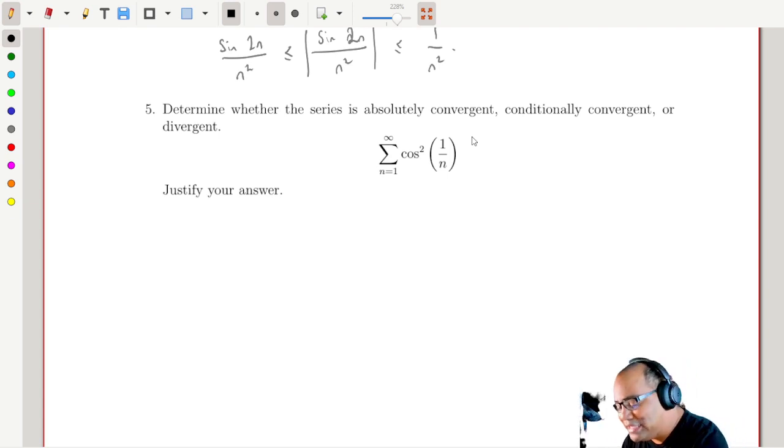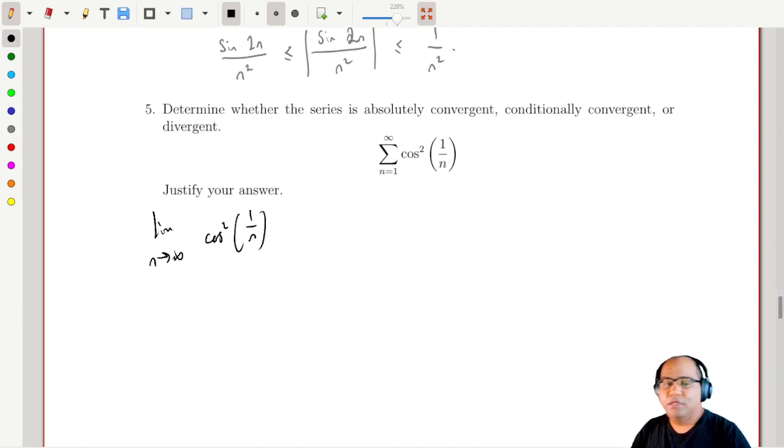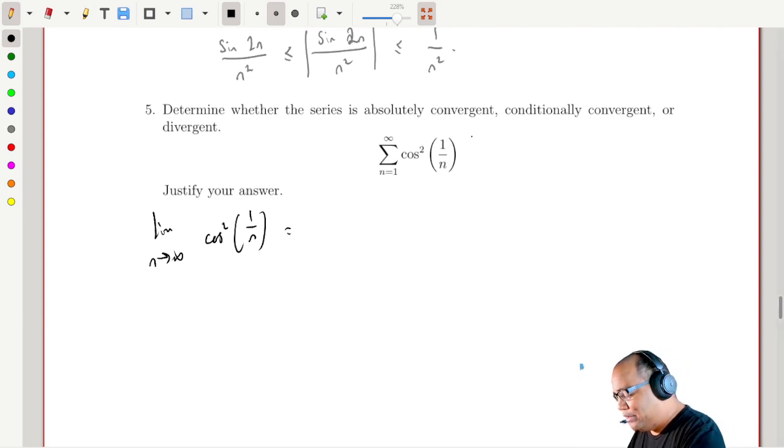I'm just going to go ahead and take a look at the limit of the terms here. So the limit, as n approaches infinity, of cosine squared of 1 over n. Now we're going to use a result here. I won't prove it, but it says if I have a composition of continuous functions, I can pass the limit through into the cosine.